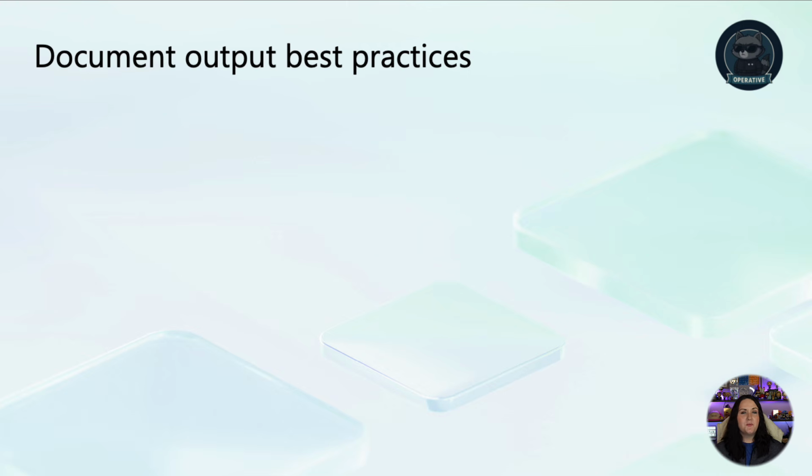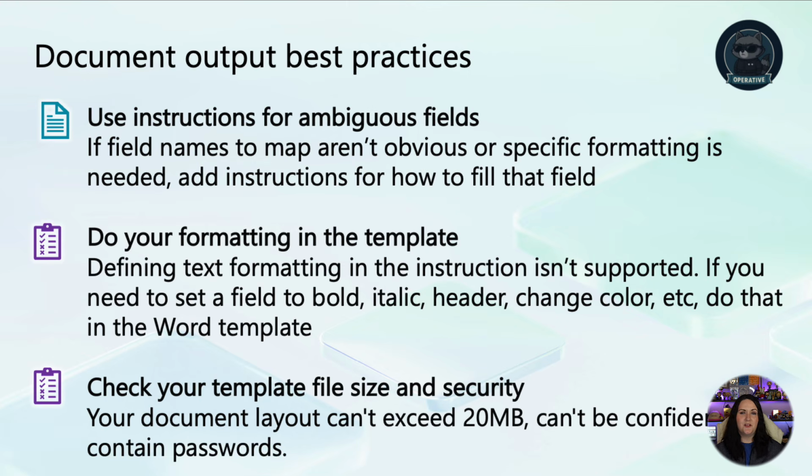Now there are some best practices that you want to be aware of to make this process as seamless as possible. First is the instructions in your prompt are going to be very important to making this work. It needs to be able to know and understand how to map what you're saying in the prompt to the inputs. Now, in the case that you're going to be going through in your mission, it's really simple because all of the input names map directly to the names of the fields that we want to map.